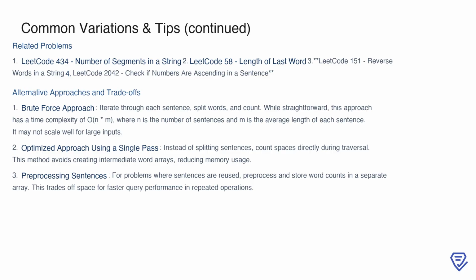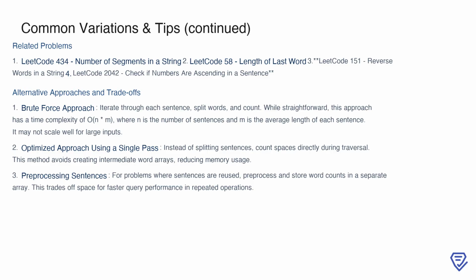Examples include LeetCode 434, which involves counting segments in a string, LeetCode 58, which focuses on finding the length of the last word, LeetCode 151, which requires reversing words in a string, and LeetCode 2042, where you check if numbers in a sentence are ascending. Each of these problems offers unique challenges but reinforces similar concepts.